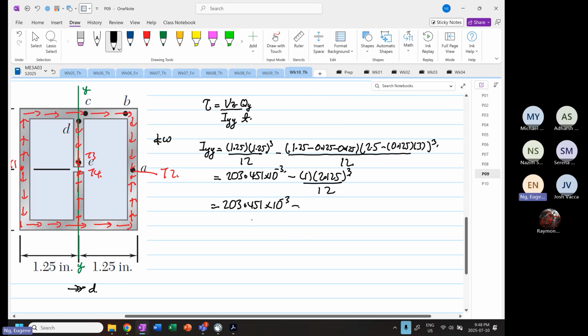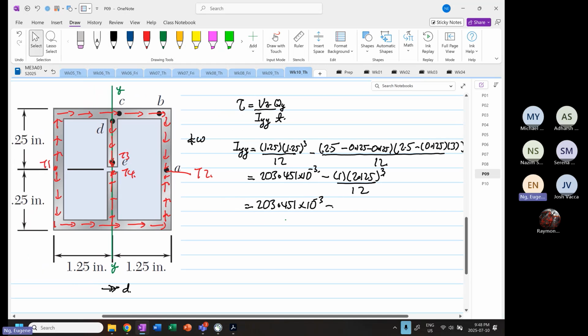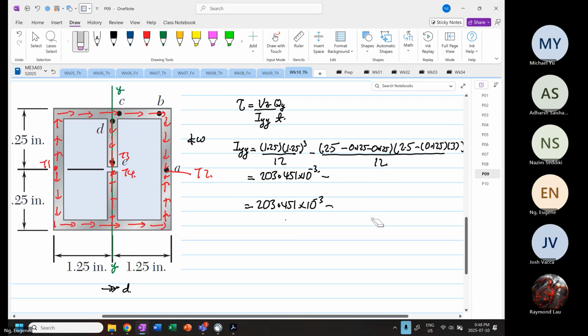The width, I'm not getting it now. So 1.25 to the power 4, 203.451. Okay, so 1.25 minus 0.125 minus 0.125. Really sorry, people, my bad. The width is 2.5. So 2.5 minus 0.125 minus 0.125 is equal to 2.25.